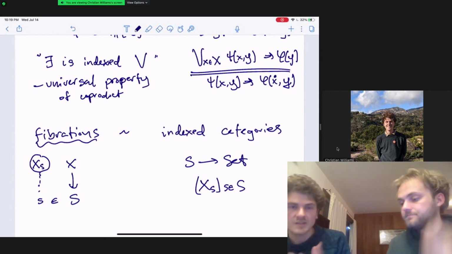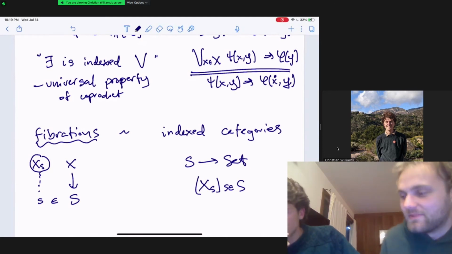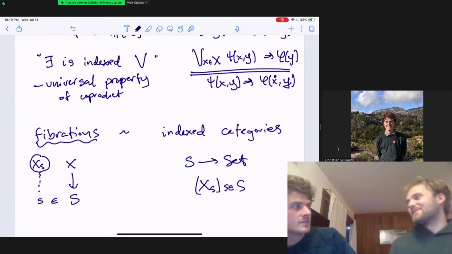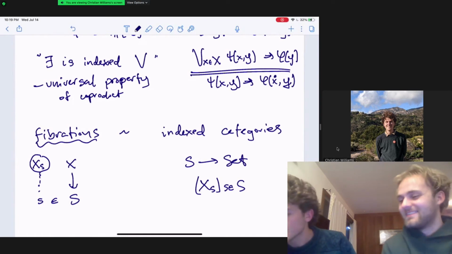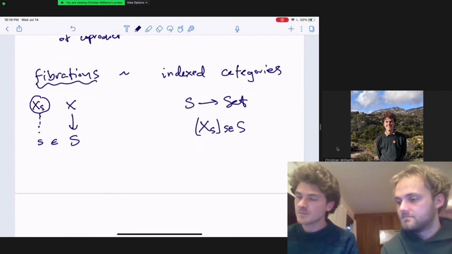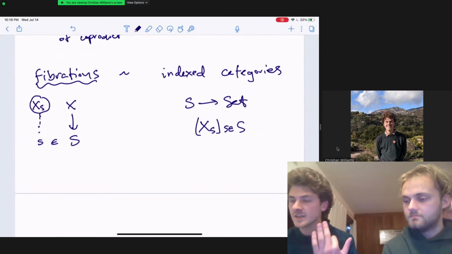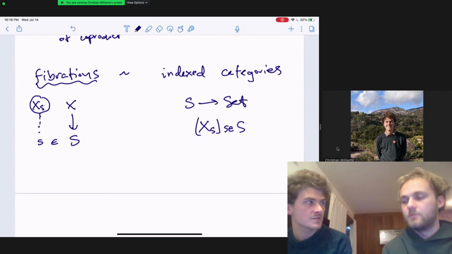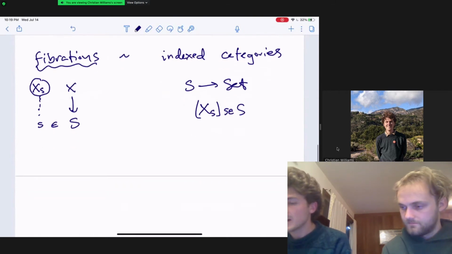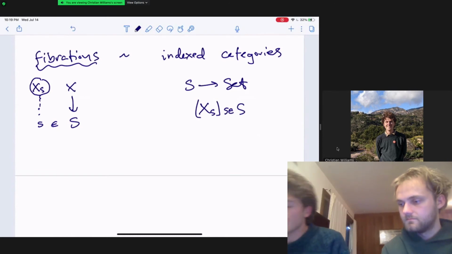So the category knows how to deal with it, and you don't have to worry about big old proper classes. Exactly. So the correspondence between indexed categories and fibrations is just the categorification of that correspondence. It's just a little more complicated, but not much.